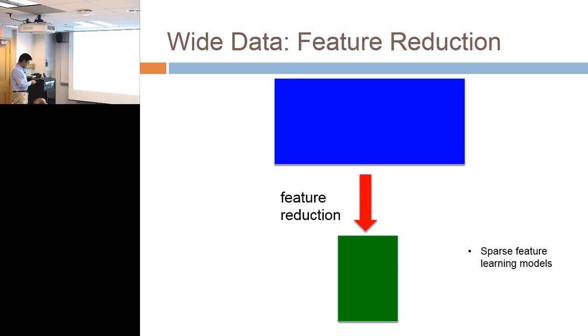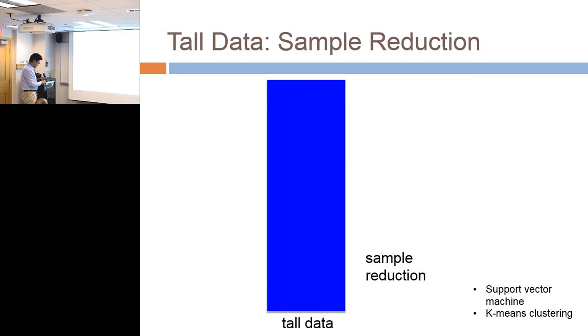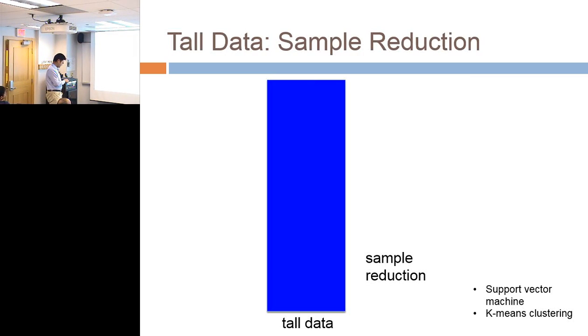For another type of application, like we mentioned before, the data matrix is very tall, which means the number of samples is much larger than the number of features. For those kinds of applications, studies have shown that we can frequently find a small subset of the most representative data instances.